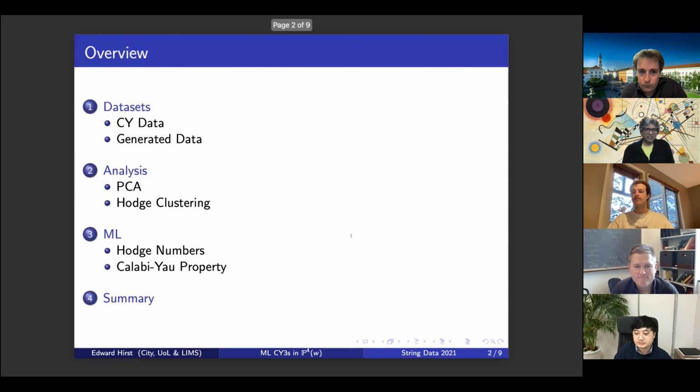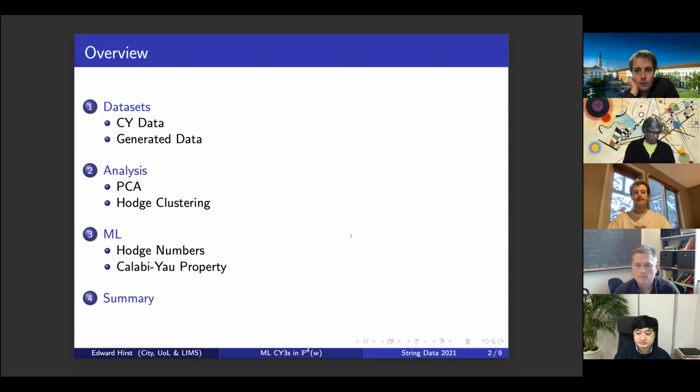To go on to the overview of what I'll be talking about today. First of all, I'll reintroduce that data set and talk about how it's structured, because it's been a while since it's been looked at thoroughly. Then I will talk about some generated data sets we also create, which have similar properties, but we use these as benchmarks for analyzing the performance of the machine learning techniques, and also to compare these analysis methods.